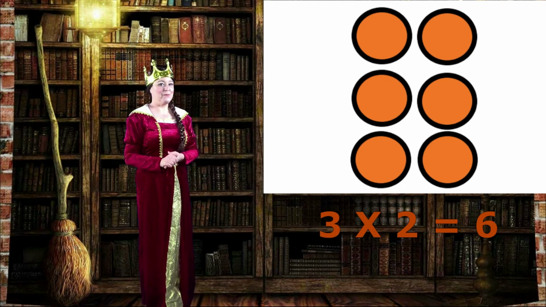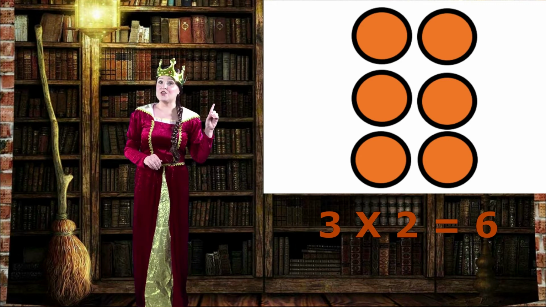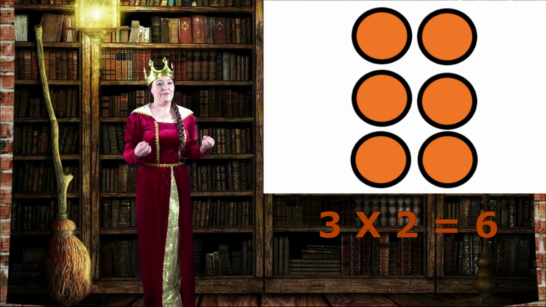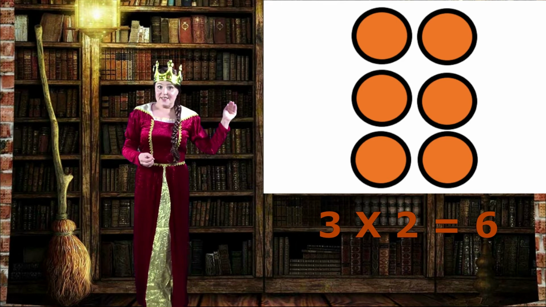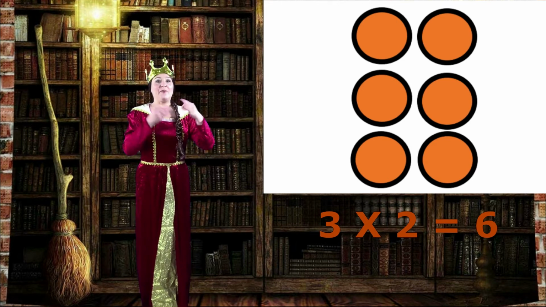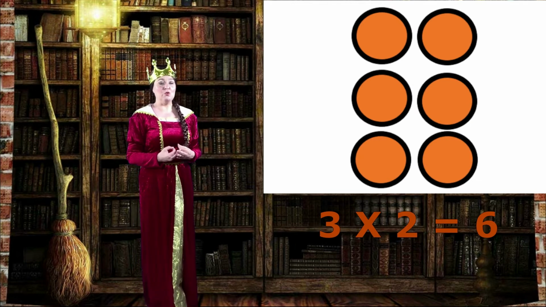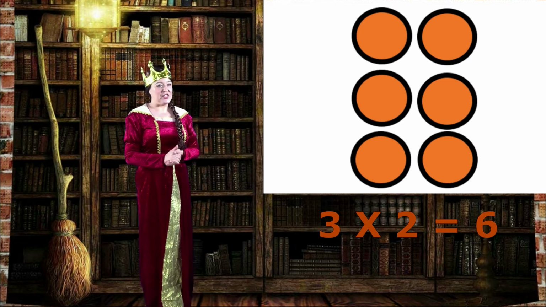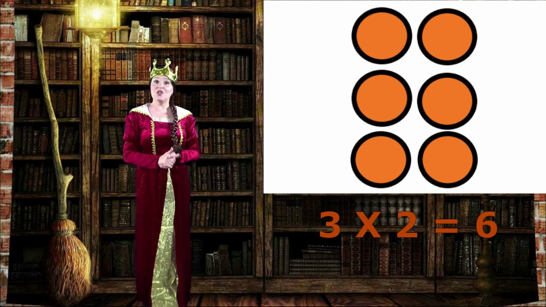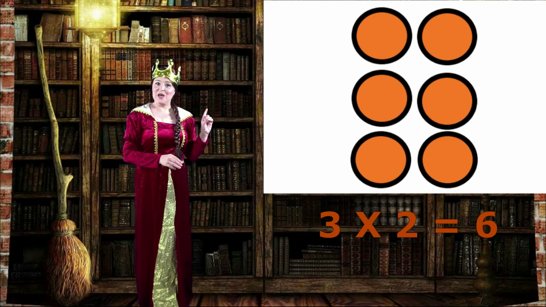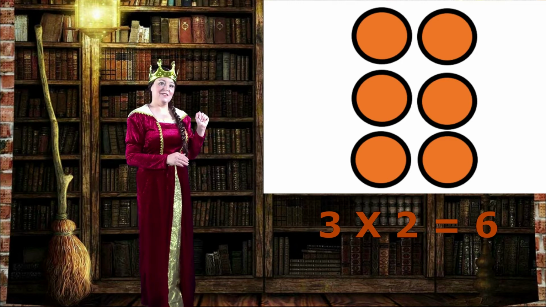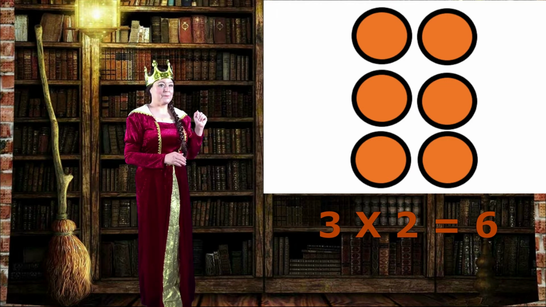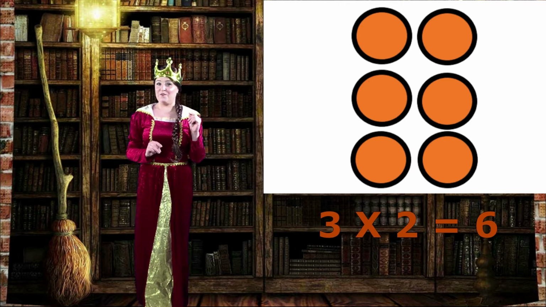Now, this array also represents a division. We have 6 circles which have been divided into groups of 2. So what division fact can we write to go with this picture? All right, now some of you have forgotten this.